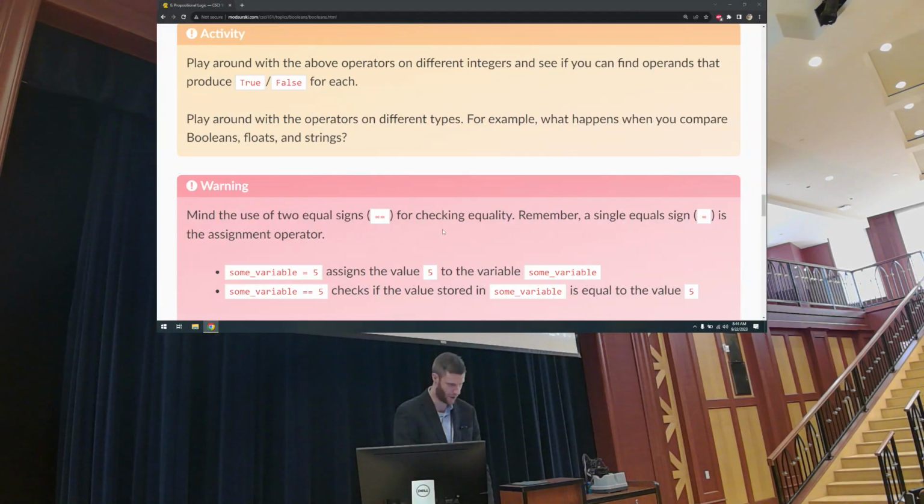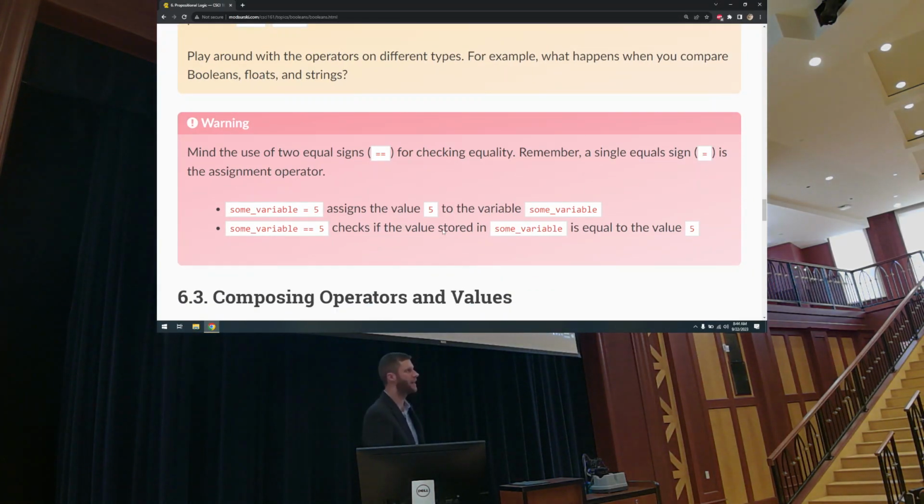All right. So be mindful, like I already said, of the difference between = and ==. These two lines of code mean two different things. some_variable = 5 will put the value 5 into some_variable. some_variable == 5 checks if they're equivalent. Whatever value is stored in the variable some_variable, it checks if it's equivalent to 5.